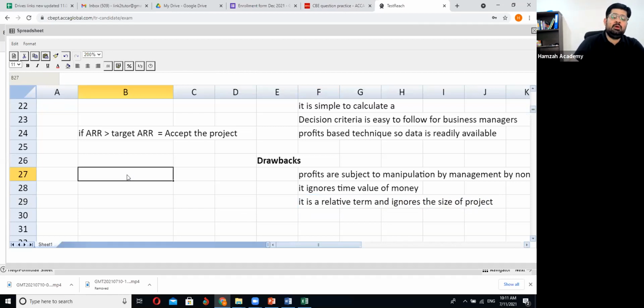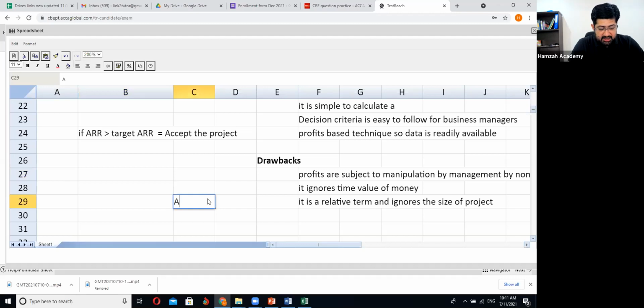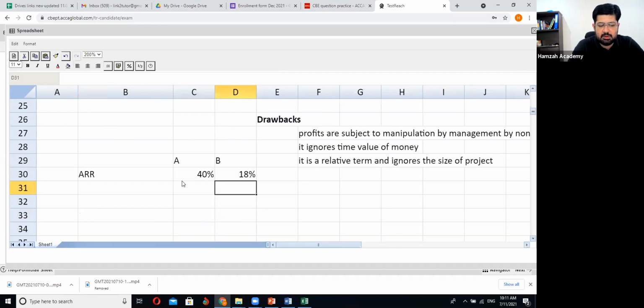Now, students, just see here, project A and project B. They have ARR of 40% and 18%. Based on ARR, which one should be selected? A. That is preferable, quite logical.